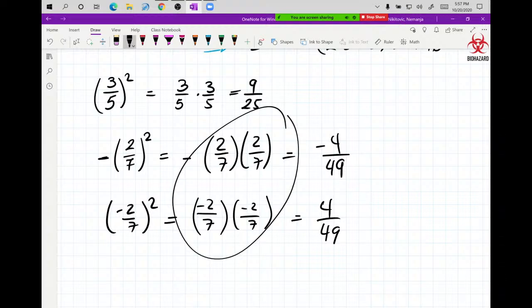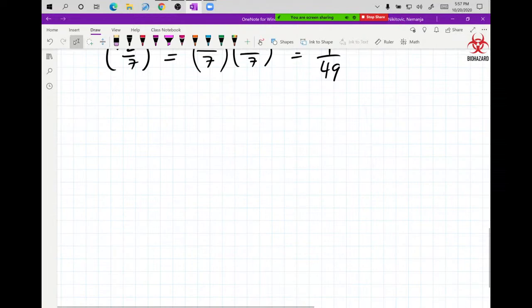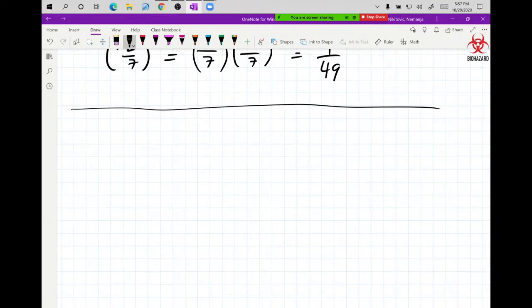Or you didn't have to do a lot of homework to memorize the rules because you just say, okay, I'm going to write it out every time. But you can also remember the rules. That's it.